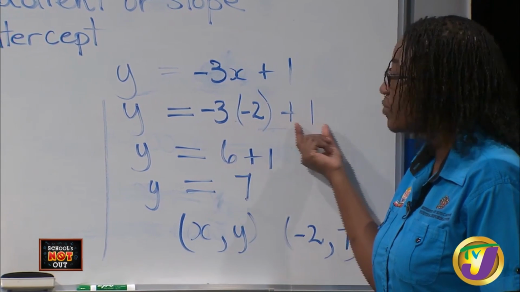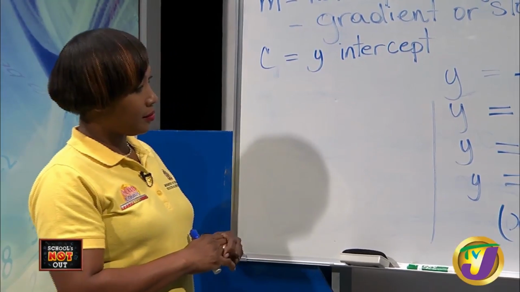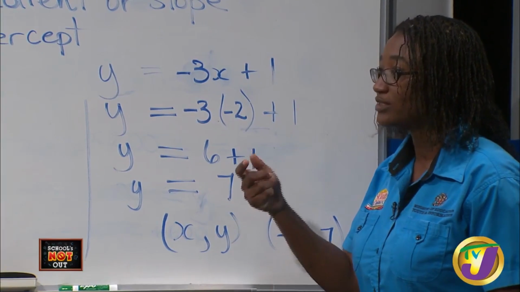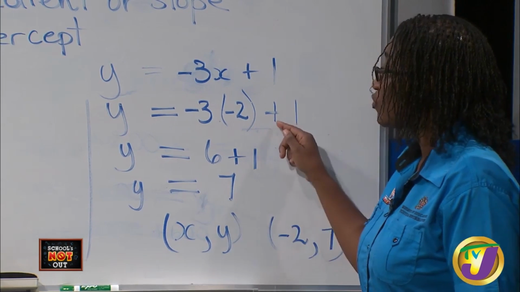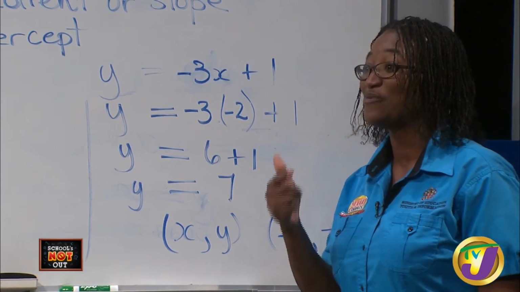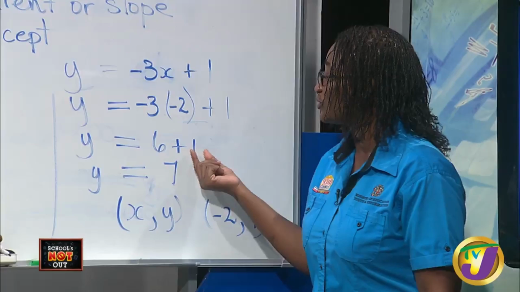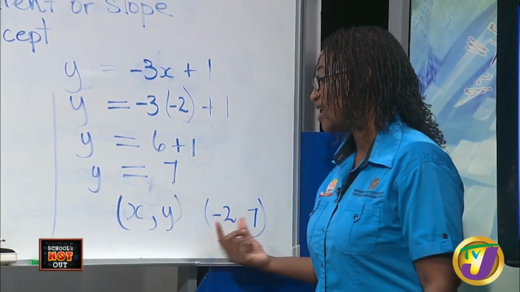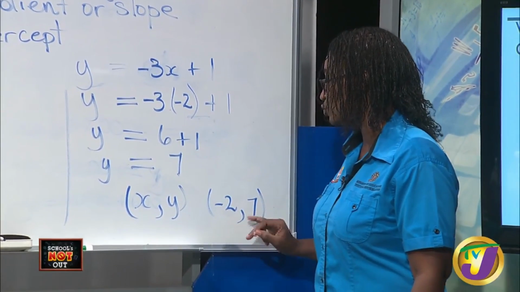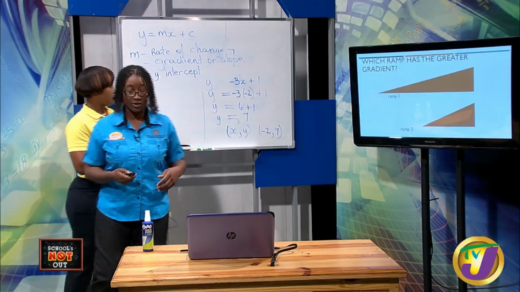And remember our constant, or our y-intercept, that needs to be here. I must also say to our students that we have worked so many positive y-intercepts, just so you know that our y-intercept can be negative. All right? So 6 plus 1 gives us 7. And so we have our ordered pair, (-2, 7). And then we could plot it on our graph paper.